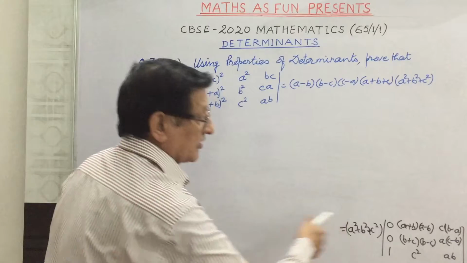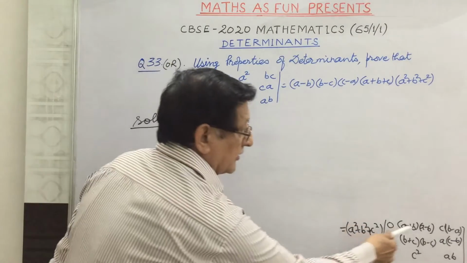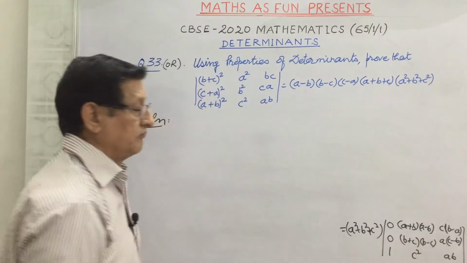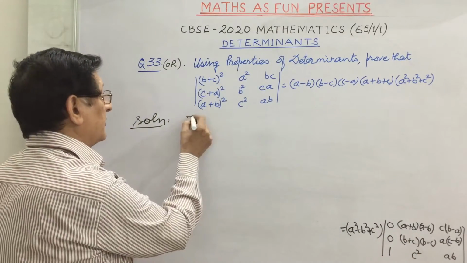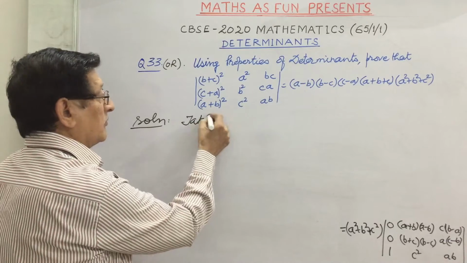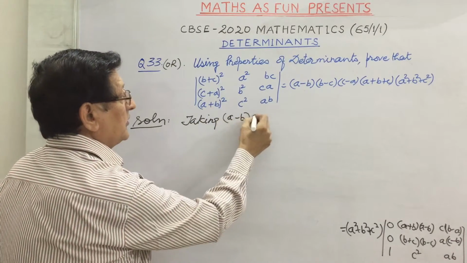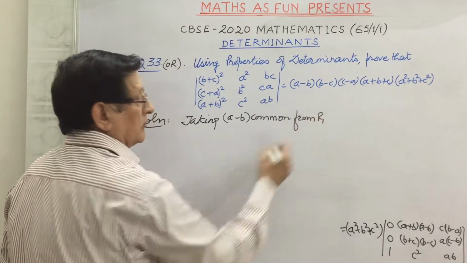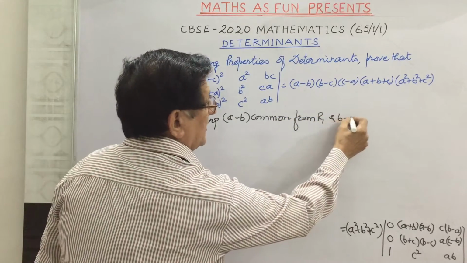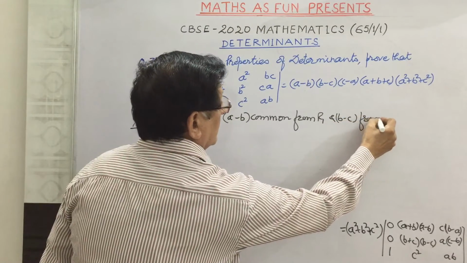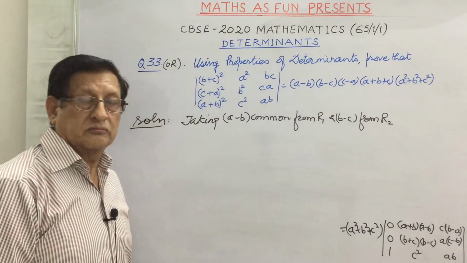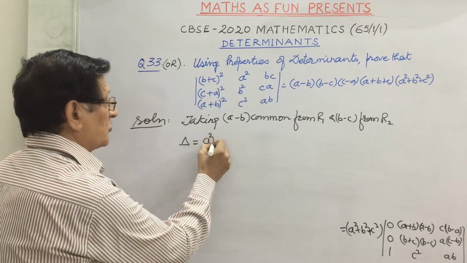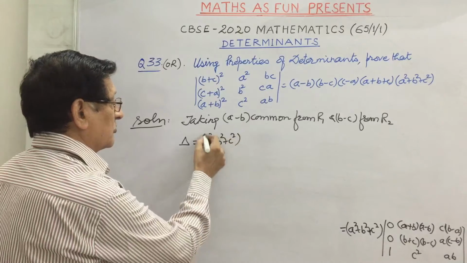See what property we can apply here. We are getting A minus B common from R1 and B minus C common from R2. So we can write here, taking A minus B common from R1 and B minus C from R2, then this delta will become A square plus B square plus C square is already here.